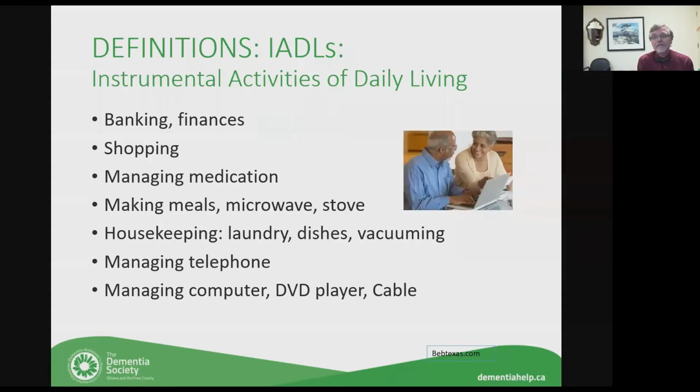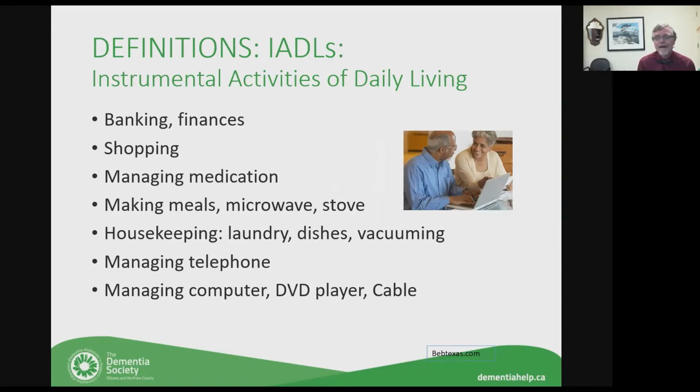Then there are instrumental activities of daily living, and these are what you could call higher activities of daily living, and they don't necessarily need to be done every day, but you do have to be able to manage them to be able to function on your own in a society like ours. So you do have to manage your finances. You have to do some shopping.